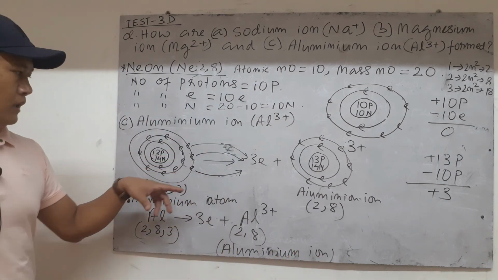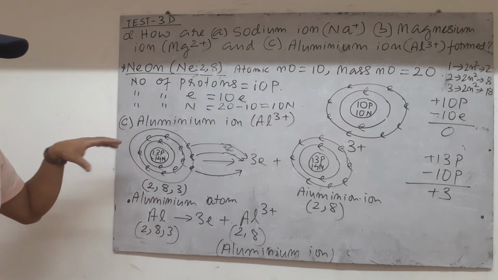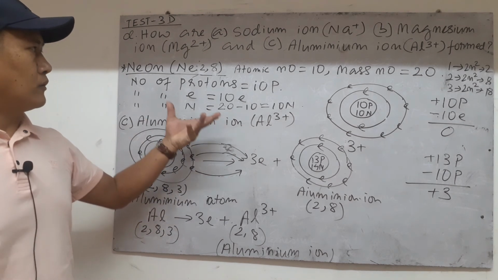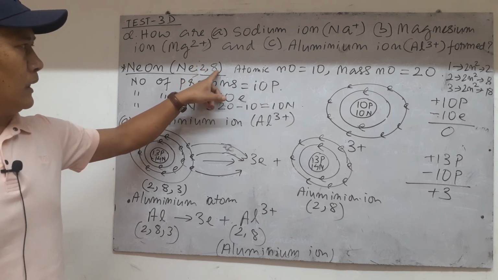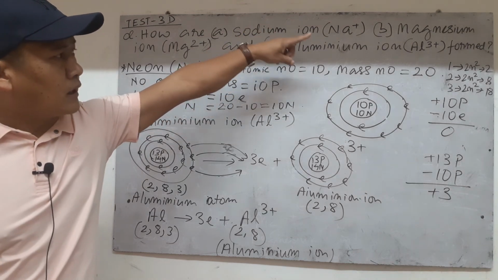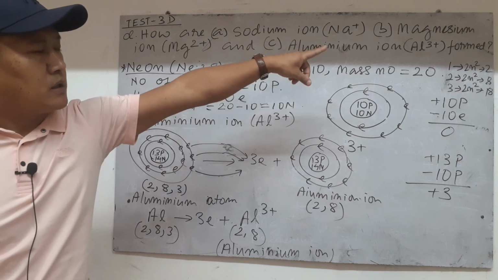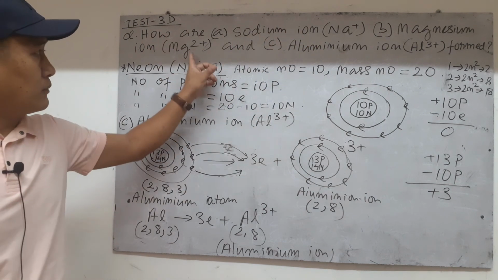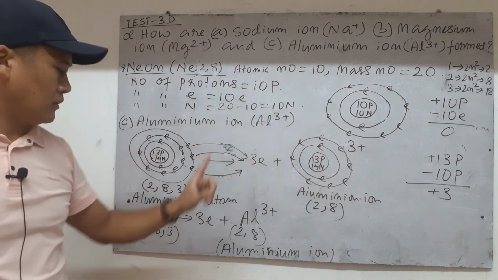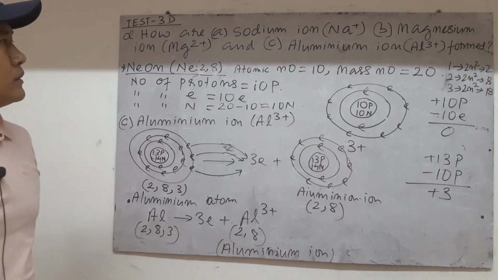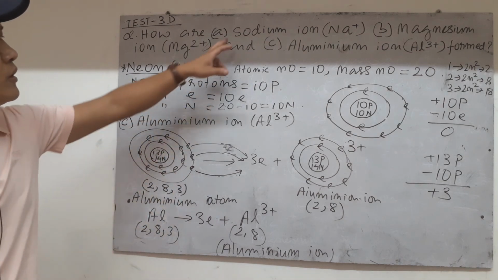So in summary, in its attempt or tendency to get the electronic arrangement of neon, 2, 8, the sodium atom loses 1 electron, so becomes Na+. The magnesium atom loses 2 electrons, so becomes Mg2+. The aluminium atom loses 3 electrons, so it becomes Al3+. Let me summarize once more.